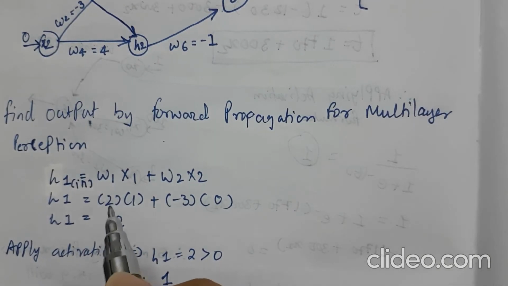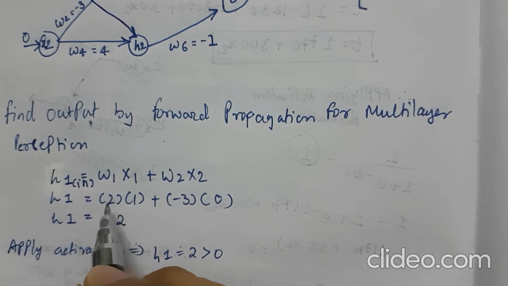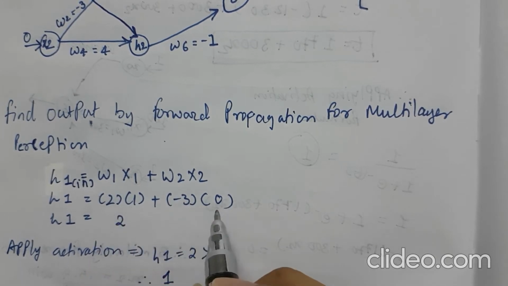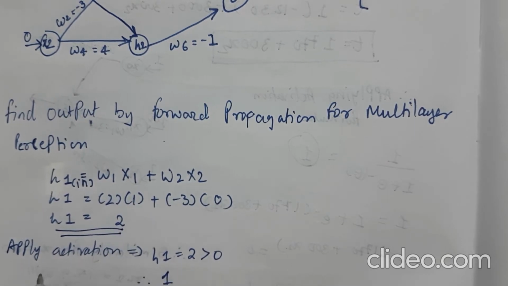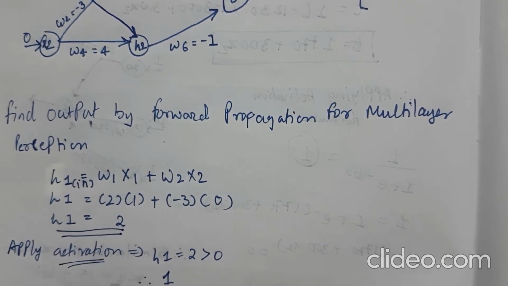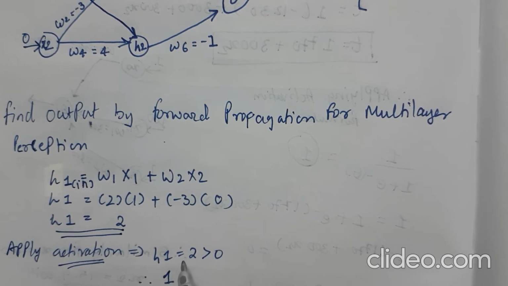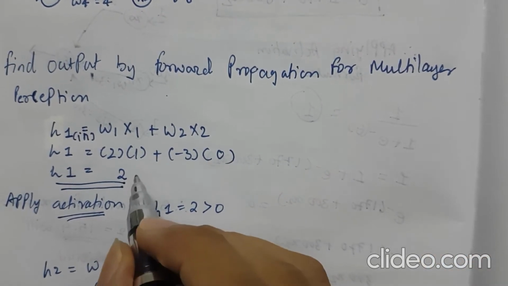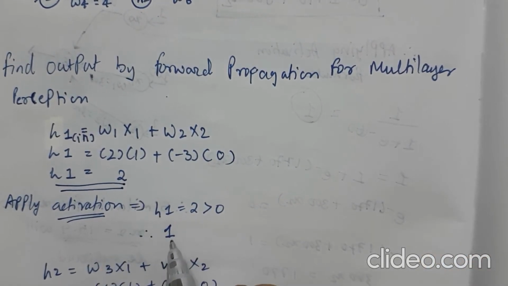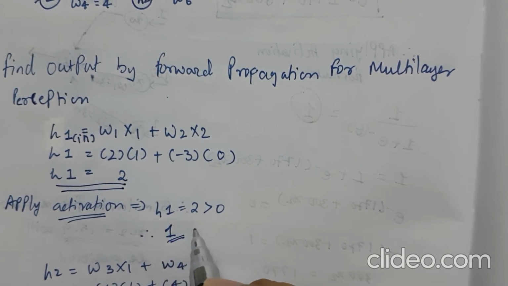Putting in the given values, that is 2 into 1 plus -3 into 0, we get h1 equal to 2. Applying the activation function, h1 is 2, which is greater than 0. So our h1 in value of 2 becomes 1 as the output.